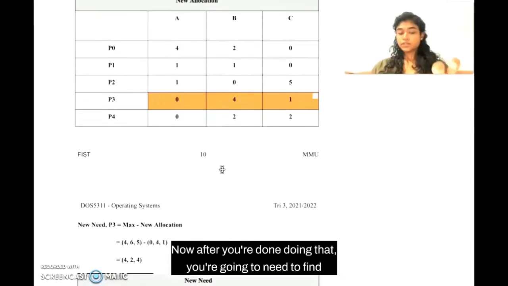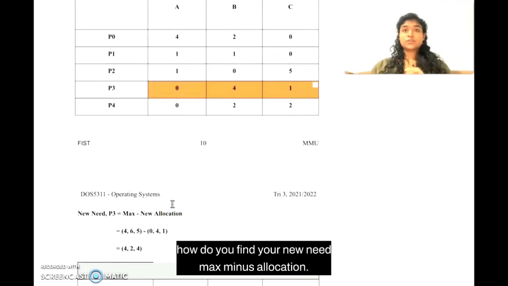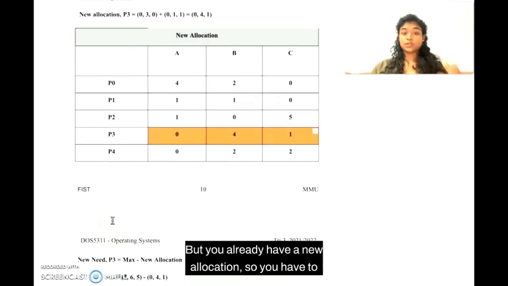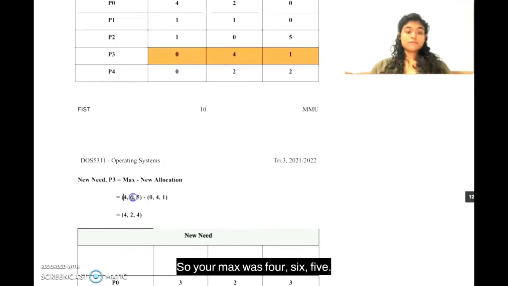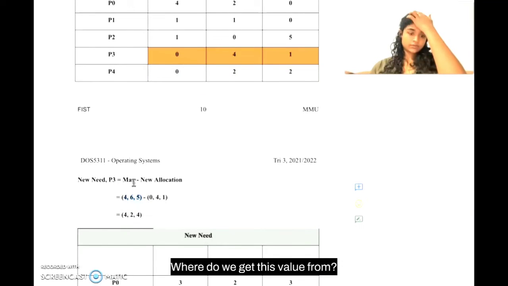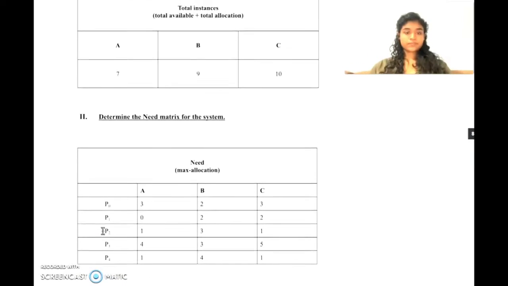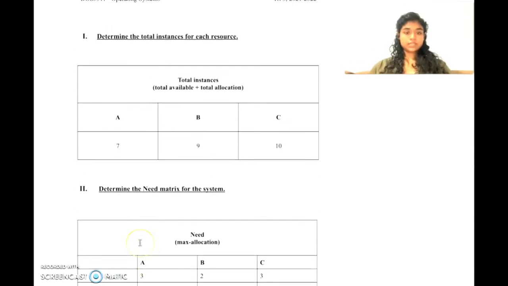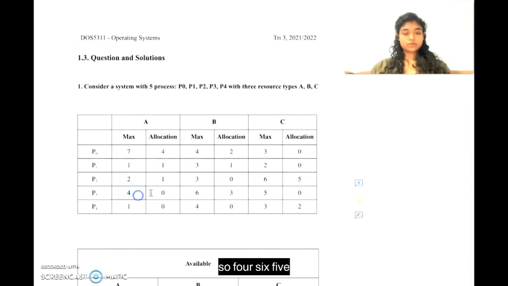Now, after you're done doing that, you need to find your new need. How do you find your new need? Max minus allocation. But you already have a new allocation, so you follow the new allocation. Your max was 4, 6, 5. Where do we get this value from? From the max table, not the need table. From max of P3, so 4, 6, 5.